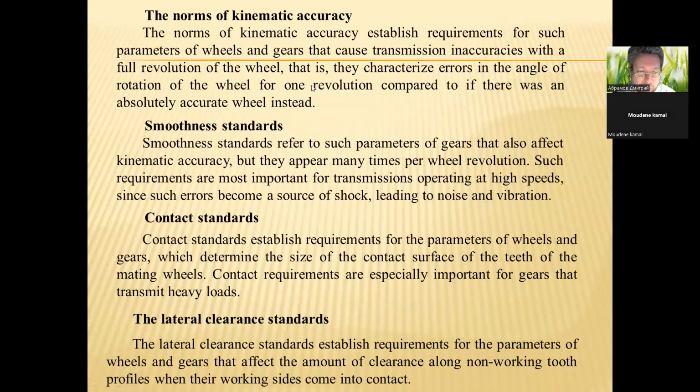And the fourth group of standards is the lateral clearance standards.